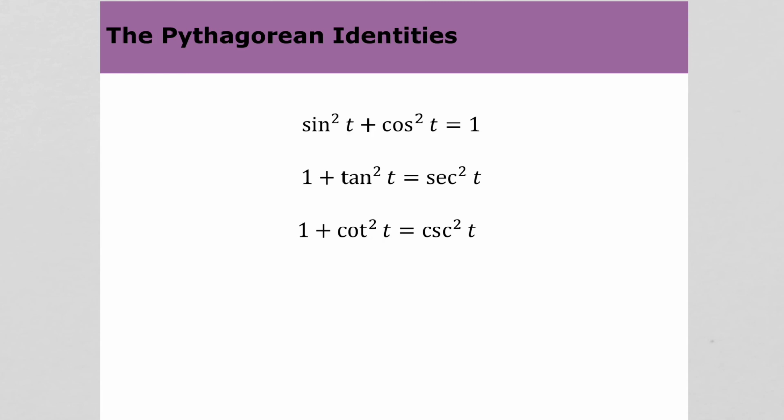This also implies that sine squared would be equal to 1 minus the cosine squared, by the way. Or that cosine squared is equal to 1 minus sine squared. Then we know that 1 plus tangent squared equals secant squared. And again, you could move things around by adding or subtracting. And 1 plus cotangent squared is equal to cosecant squared.